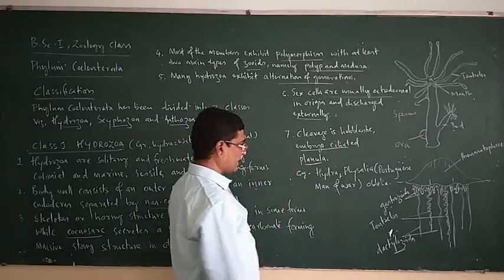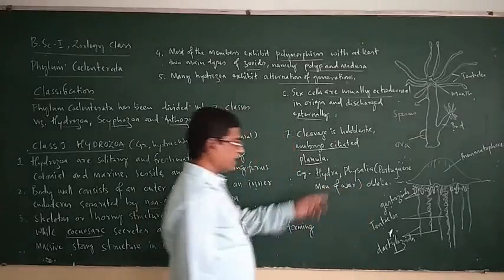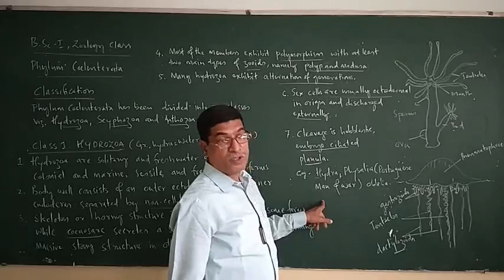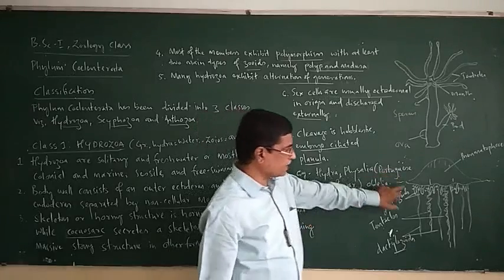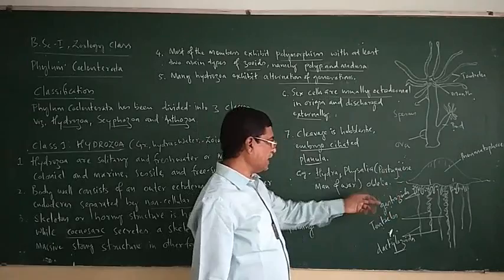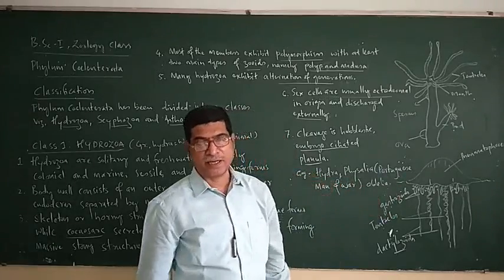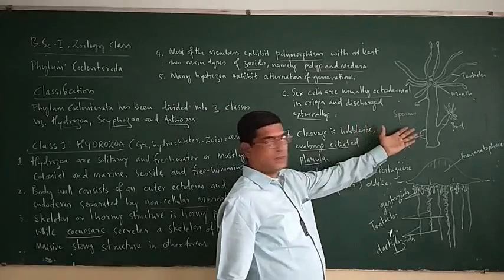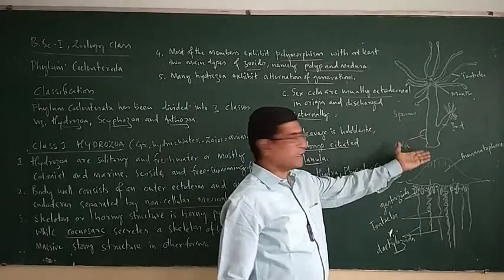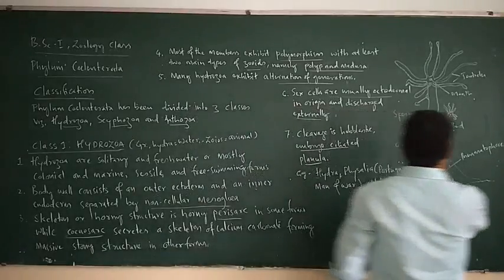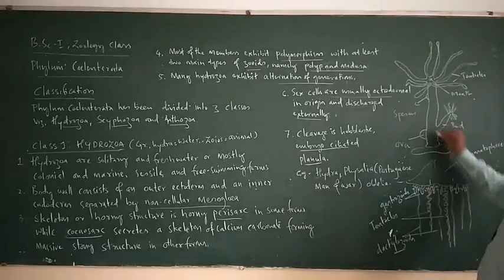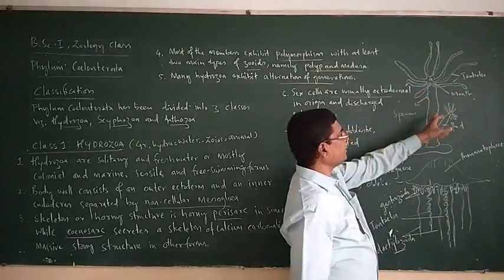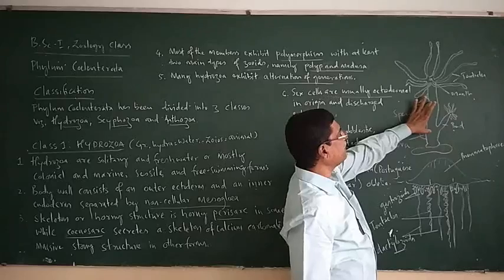Examples for this class are Hydra, Physalia. Physalia is also called Portuguese man of war. Obelia, they all come under class Hydrozoa. Hydra is a polyp form. It is attached to the substratum with the help of its basal disc. This is the body of the Hydra.